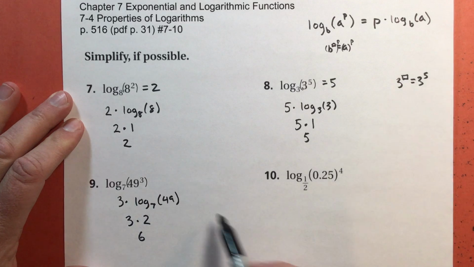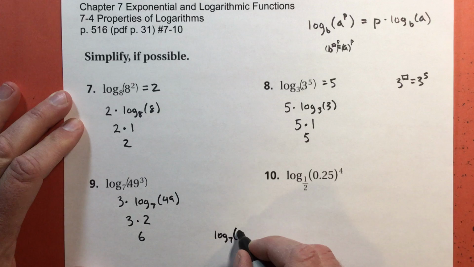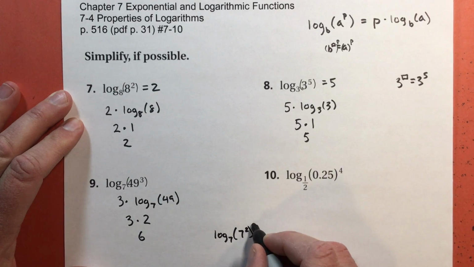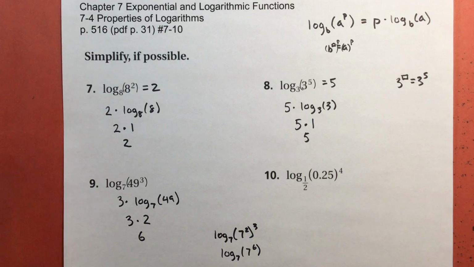If I did that, I'll write it down here. This would have been log base 7 of 7 to the 2nd power to the 3rd power. And 7 to the 2nd power to the 3rd power is 7 to the 6th power. So then, saying 7 to what power equals 7 to the 6th power, that would be my 6. So that's how those two things are related.